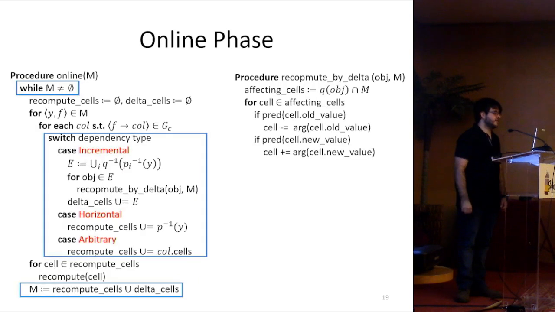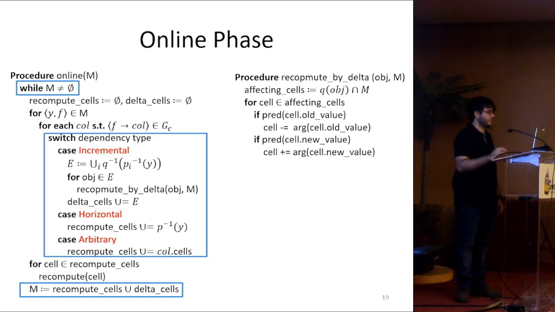In the online phase, we get a set M of cells that were changed. For each cell in the set M, we check which columns they are found in.